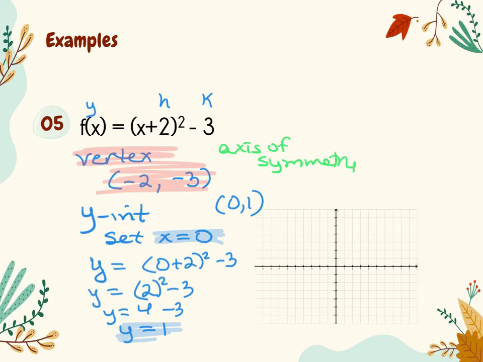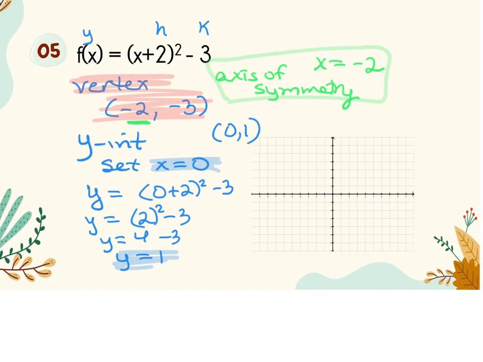And remember, your axis of symmetry is x equals the x of the vertex. So I'm also going to graph this. This is enough information for me to get the shape of my parabola. Now I am going to go back and also find my x-intercepts, because you will be asked to list those as well.